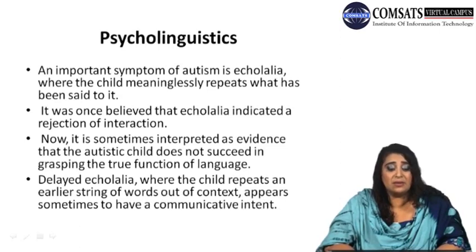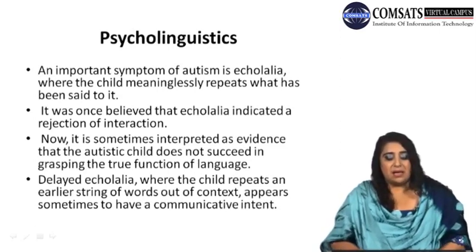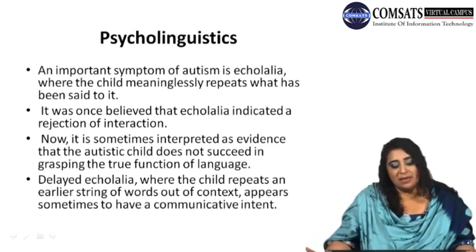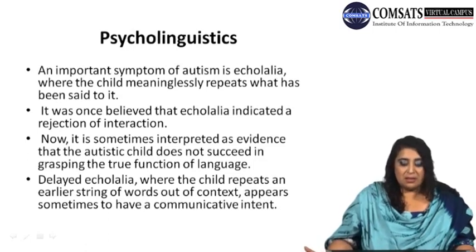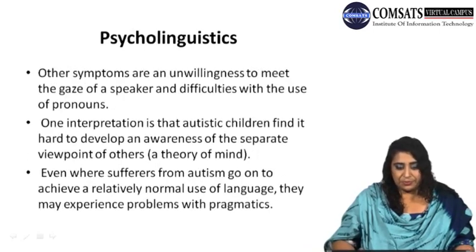Now, delayed echolalia, where the child repeats an earlier string of words out of context, appears sometimes to have a communicative intent. So you can say that he has a communicative intent, even though he's trying to communicate by repeating words to you. But it still comes under the form of delayed echolalia.